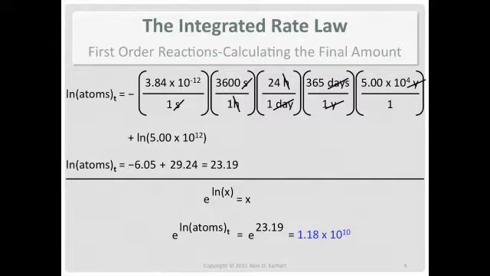Now, a couple other things as far as why I chose these numbers. That 5.00 times 10 to the 12th starting number, I got that because approximately 1 out of every 10 to the 12th carbon atoms is carbon-14. And that means I started with a sample size that has approximately 100 grams of carbon in it. And this final sample size has about 0.23 grams of carbon in it.